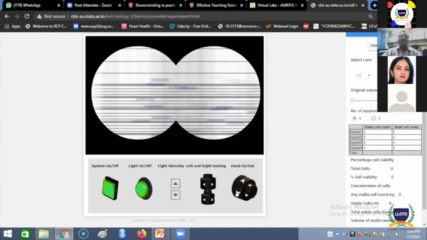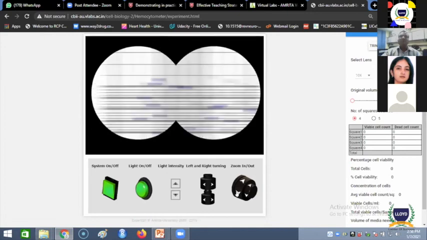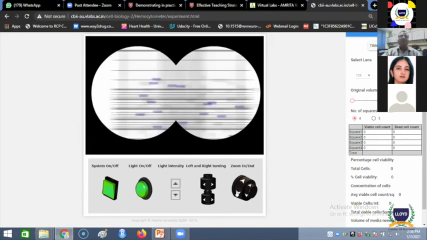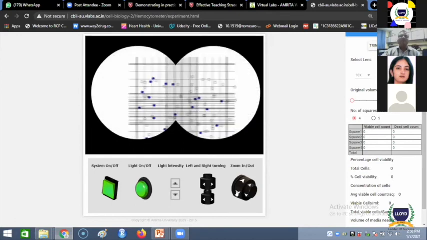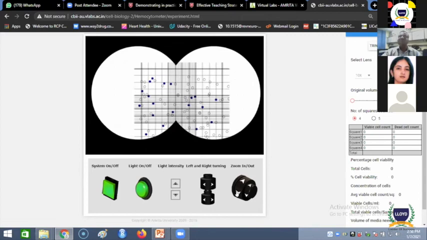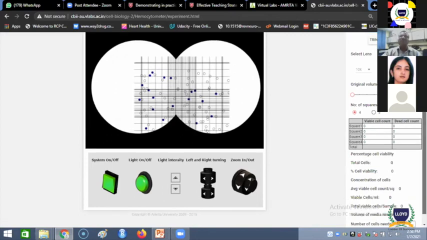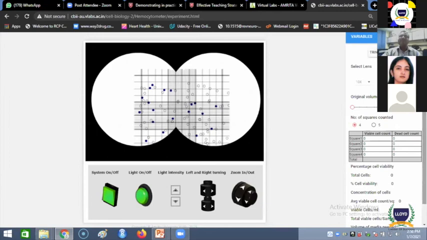Can you see that? So students will have the exact feel that they are looking at a slide, a Neubauer chamber filled with a suspension of WBCs. Then you can ask them to count the cells which are present in each of the squares, enter those values here, and they will get a total.